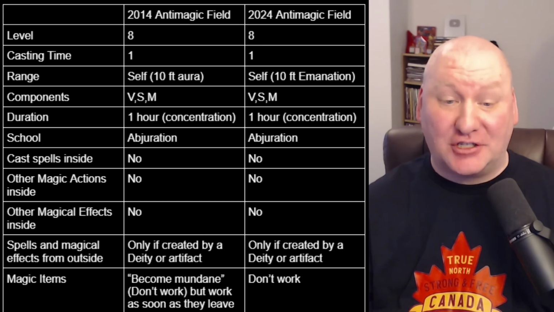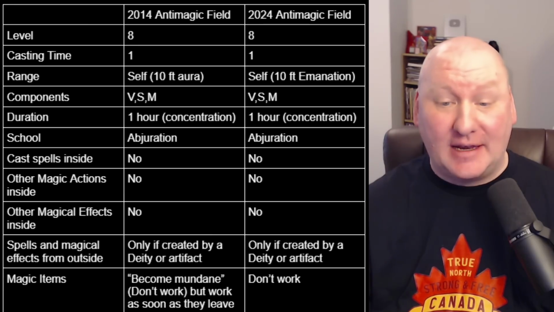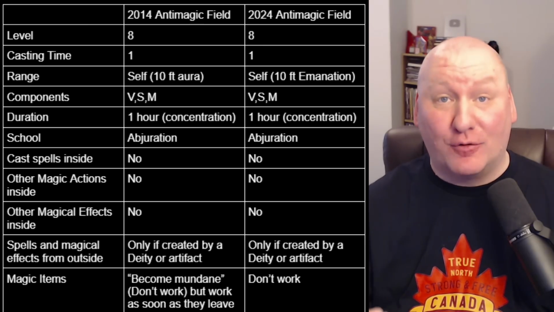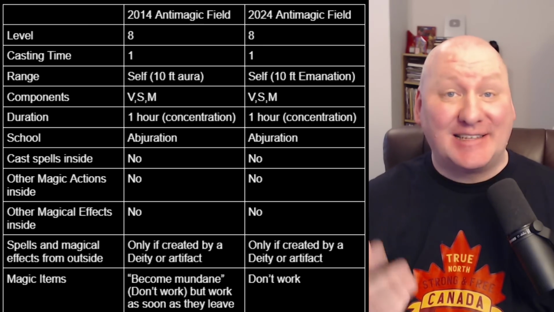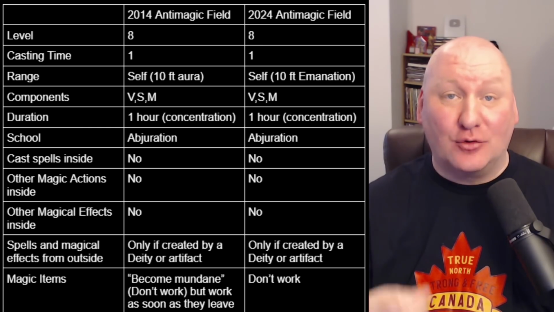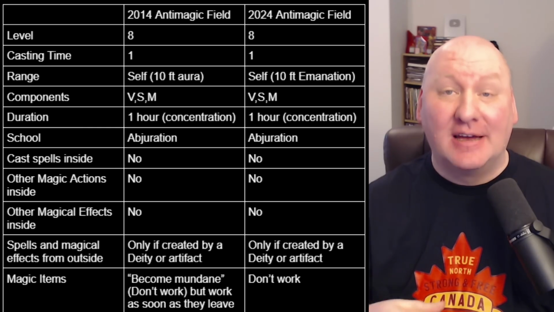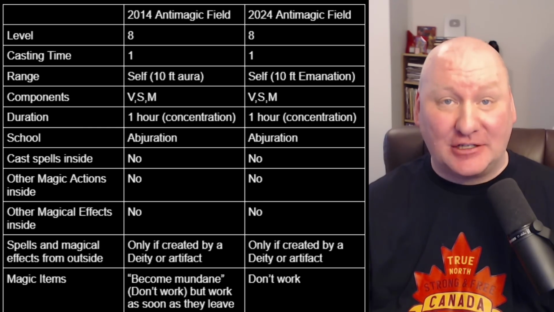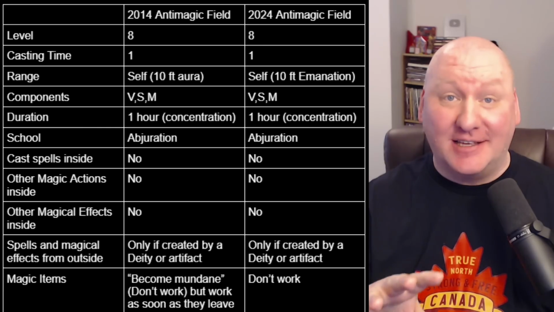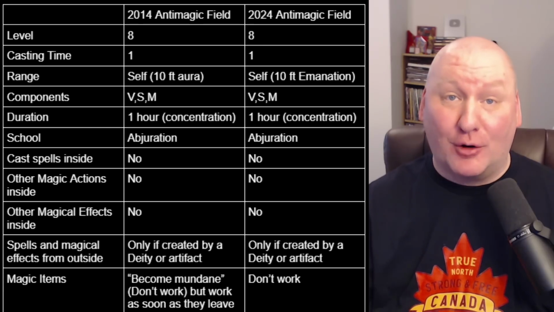Spells and magical effects from outside the area only work if they are created by a deity or an artifact, and that is true of both versions of this spell. So let's say you have the Hand of Vecna. When you are inside the area, you cannot cast spells from your Hand of Vecna or do other magical effects. But if you are outside the anti-magic field, you can cast a spell into the anti-magic field, and that is true for both 2014 and 2024.